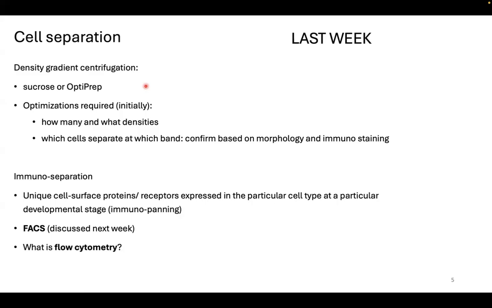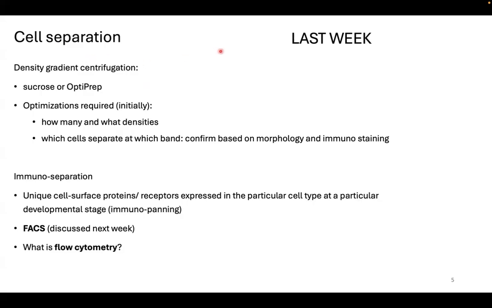Now, if you want to culture all of them together, then it's great. You don't need to do this step. But if you just want one or two particular types or subtypes of cells from that group of cells that you get from the animal, then you need to separate out cells. First you dissect out the tissue or organ of interest, and then it is dissociated into a single cell suspension.